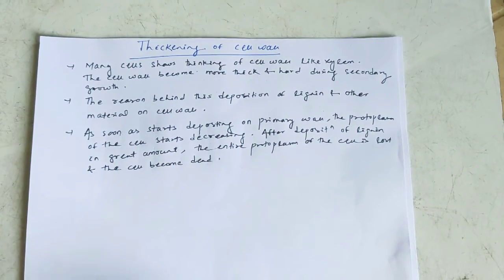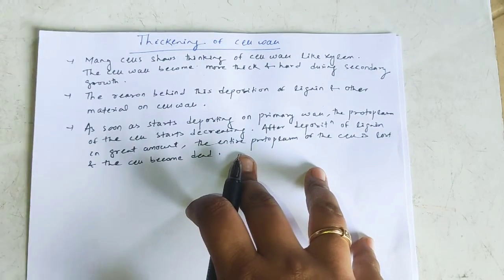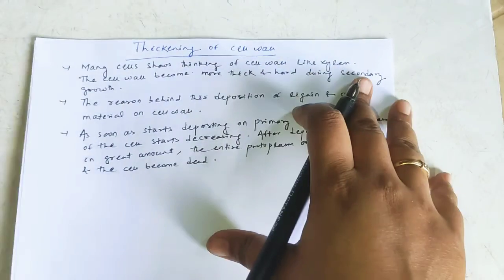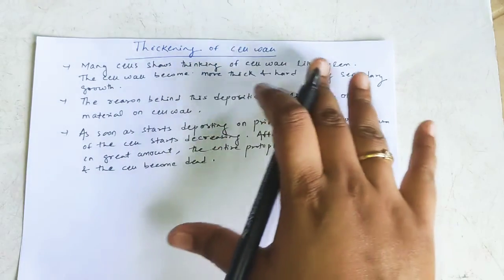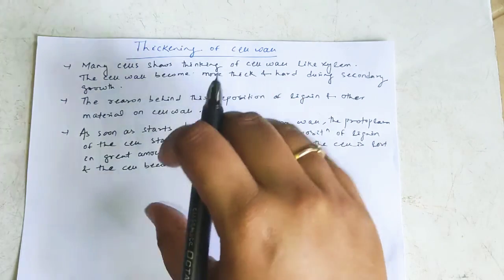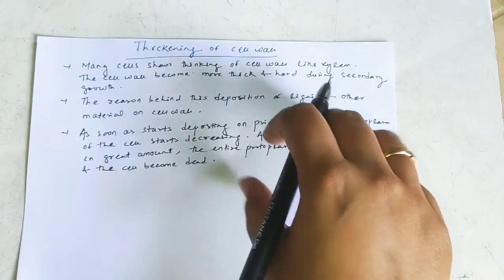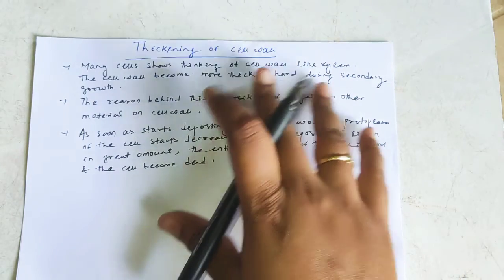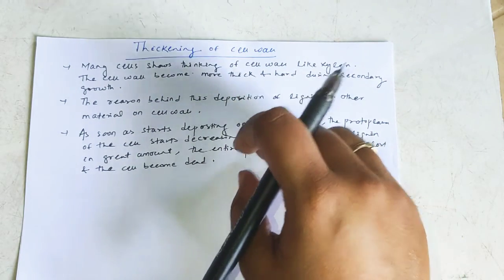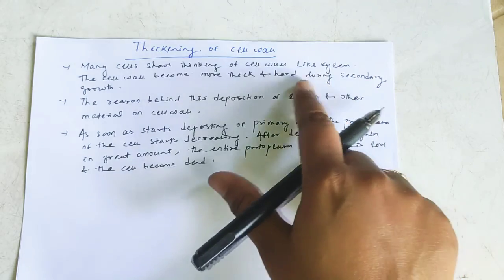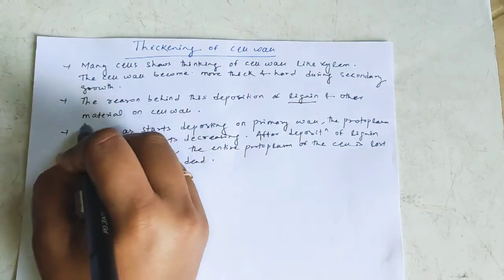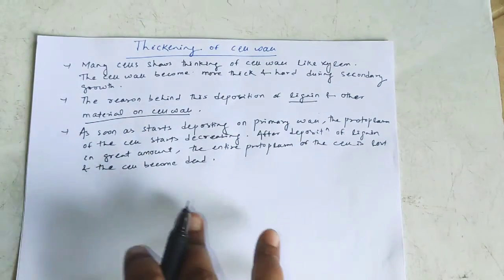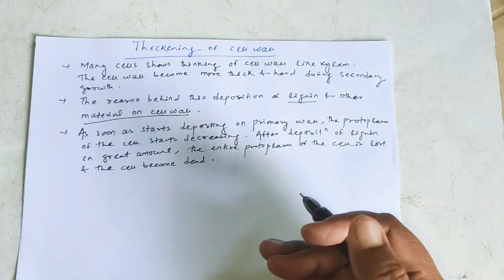Clear? See, I can say what happened. During the secondary growth, cell wall thickening occurs, and due to the thickening, the cell wall becomes more thick and hard. This is due to the deposition of lignin and other substances on the cell wall.